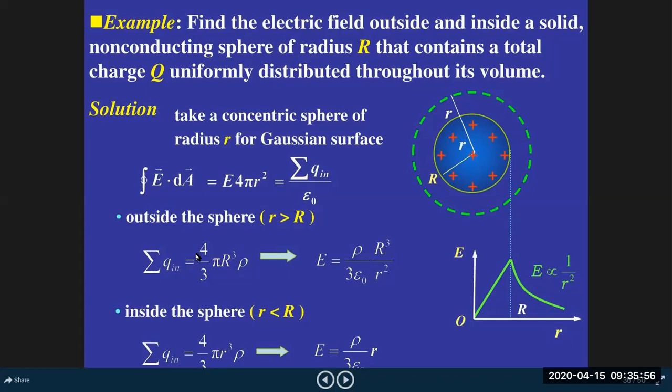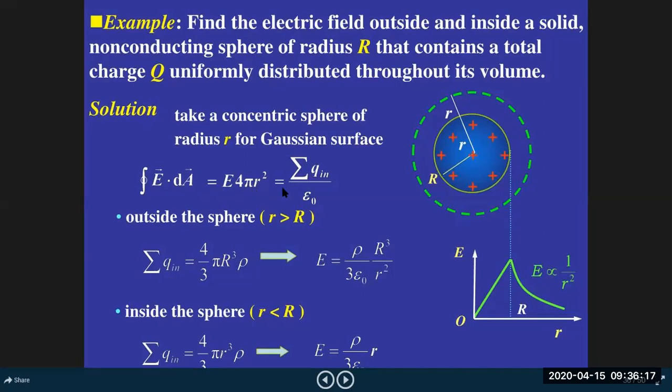If you go through this formula, fine, but if you stay here only, put the total charge enclosed by the Gaussian surface as capital Q, because this solid non-conducting sphere contains total charge capital Q. So just put the total enclosed charge capital Q upon epsilon naught equal to E into 4 pi r square.